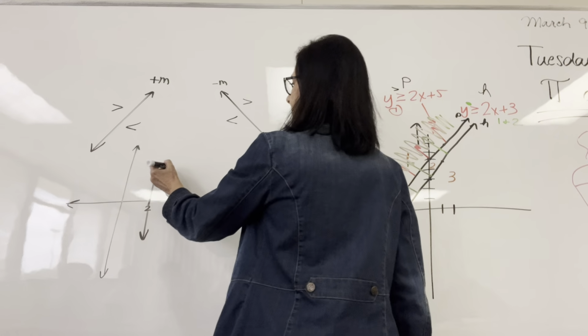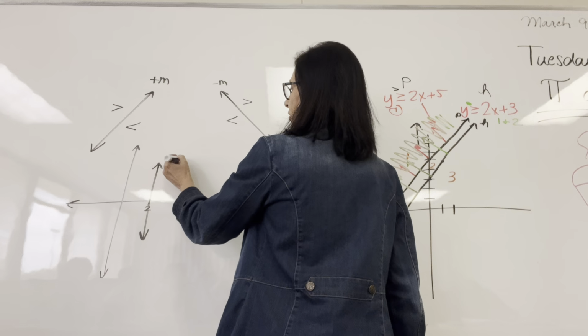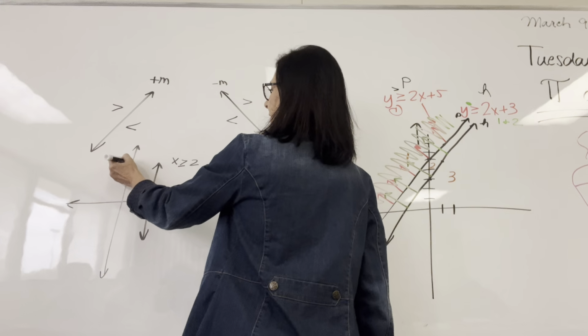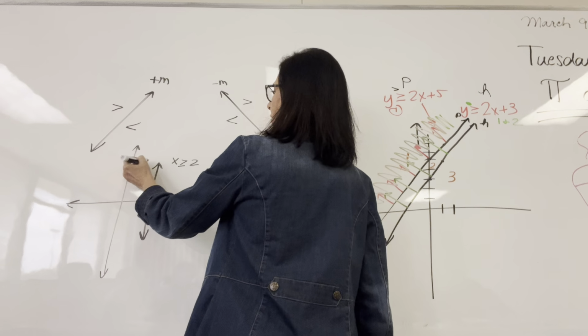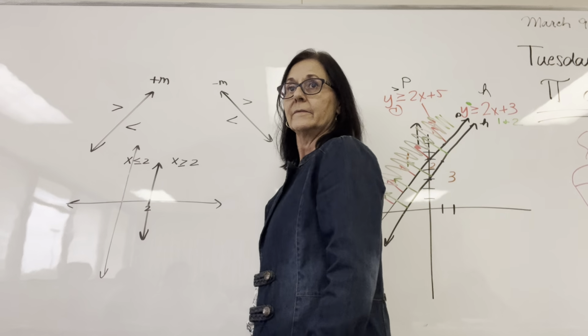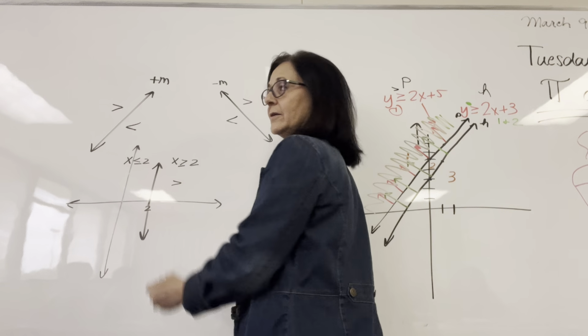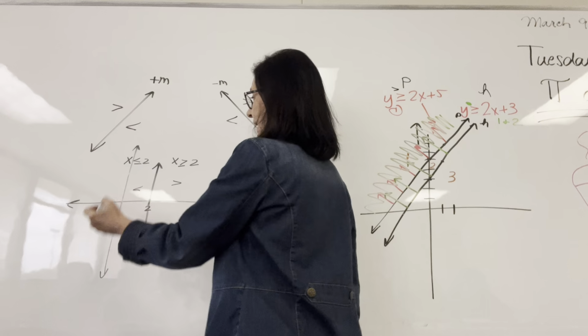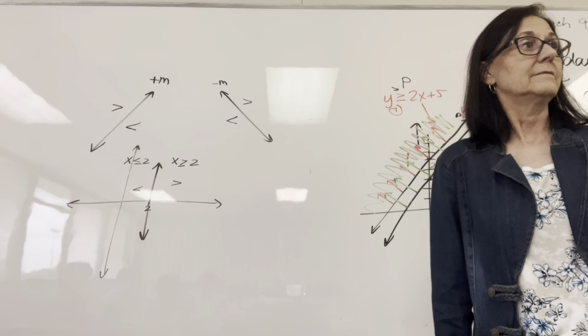So it could be x greater than or equal to 2, or it could be x less than or equal to 2. So greater than would be on this side, because x gets bigger on that side. Less than would be on that side.